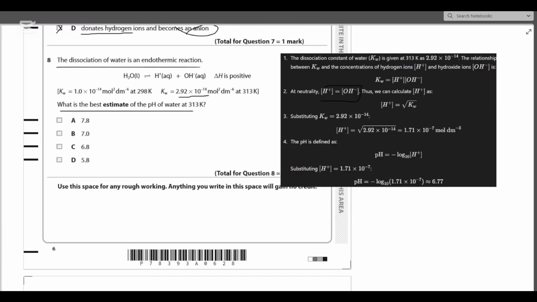So if you find the root of the provided water dissociation constant right here, we can easily find the concentration of the H plus ions, and then using this we can find the pH of water at 313 Kelvin, which is about 6.77. That approximately sums up to 6.8. So our answer will be C right here.